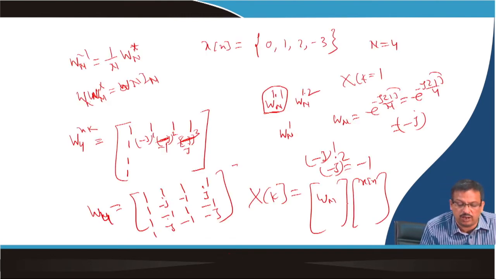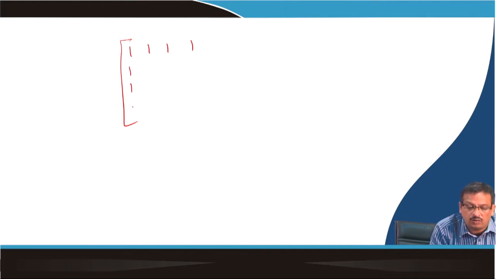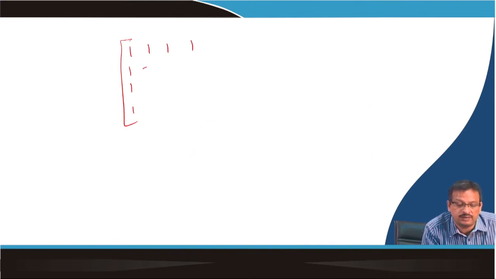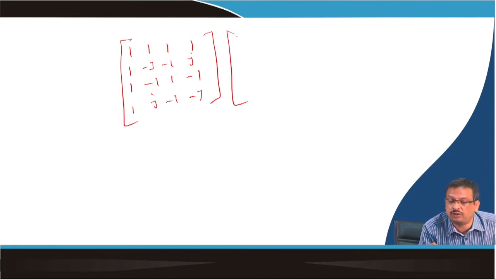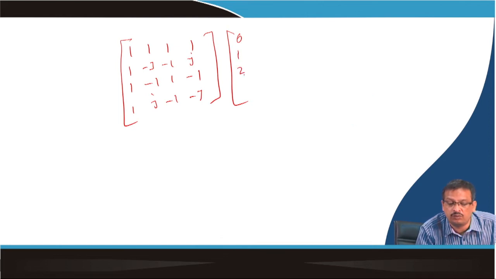The W4 matrix multiplied by x of 0 is 0, x of 1 is 1, 2 and minus 3.